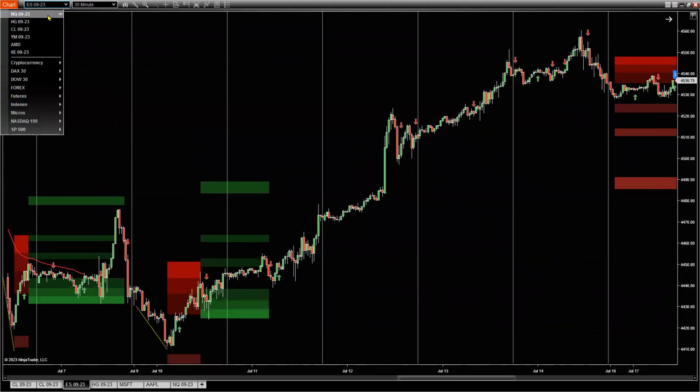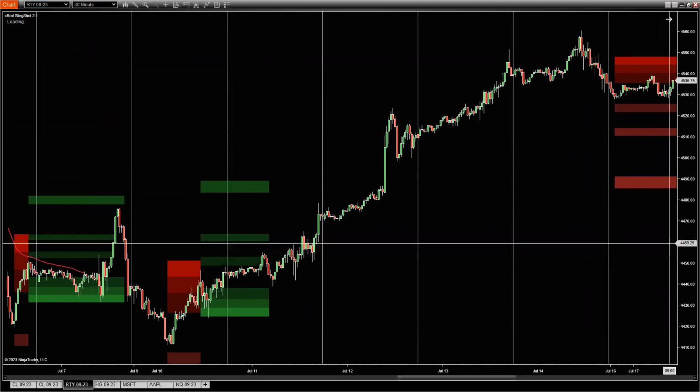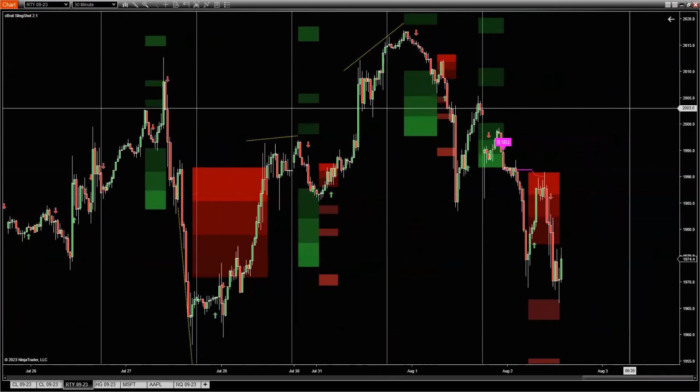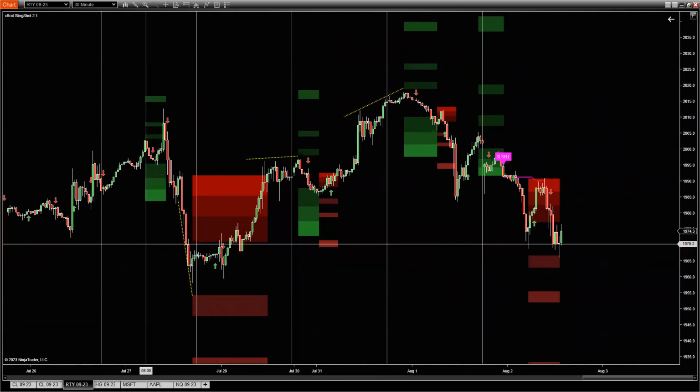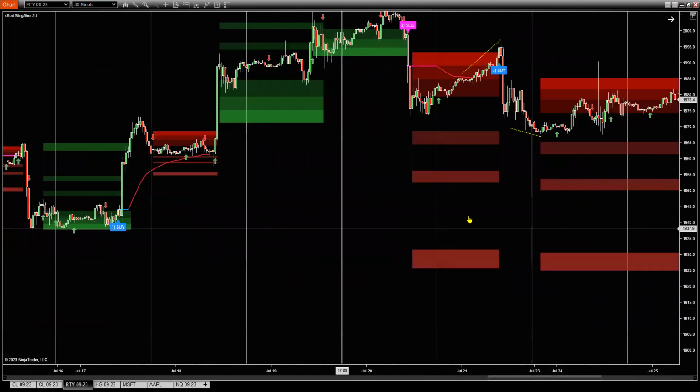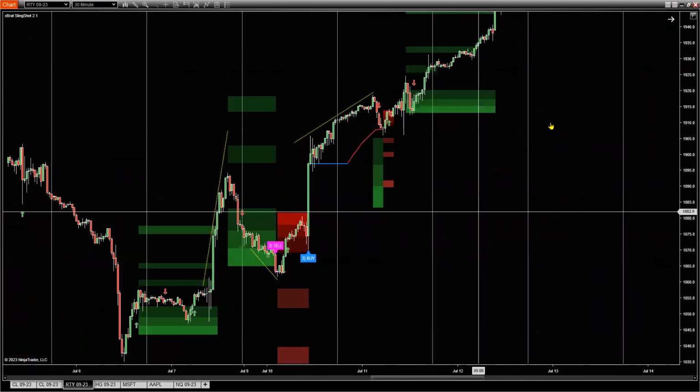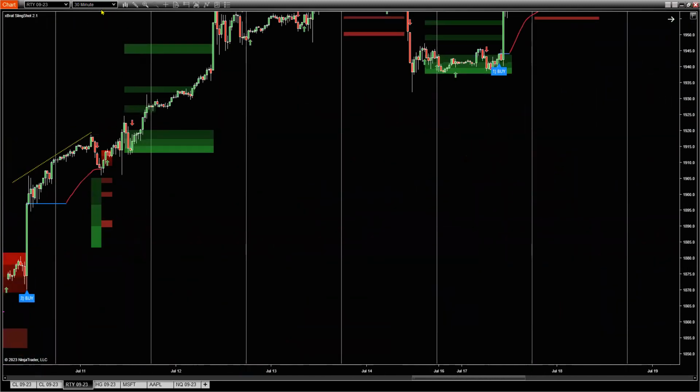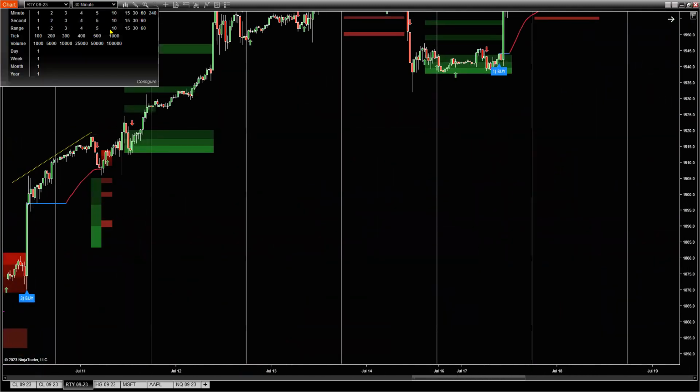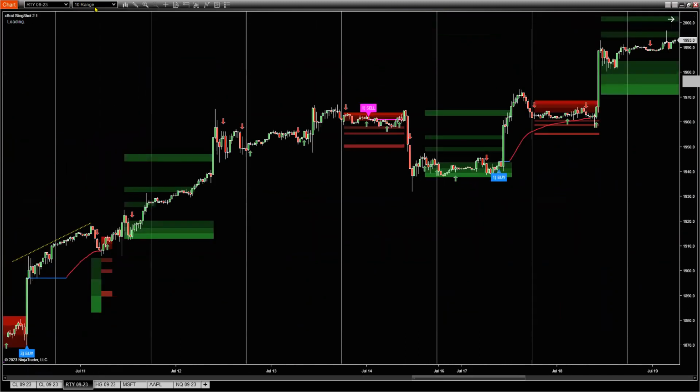Let's have a look, see what RTY is. I used to be a fan of RTY. Swing trading is not too bad on the 30. Let's go range 10.